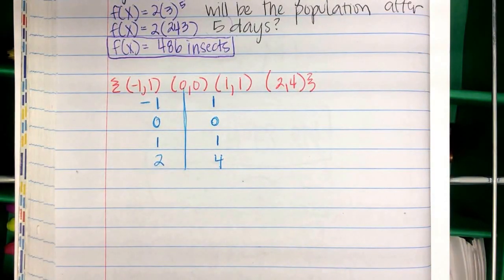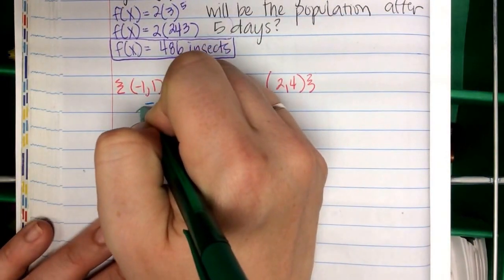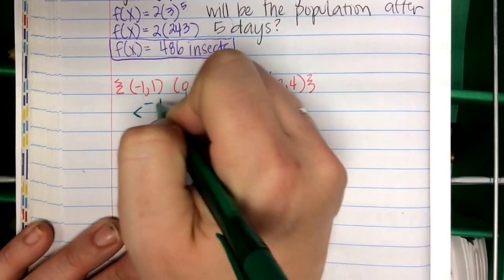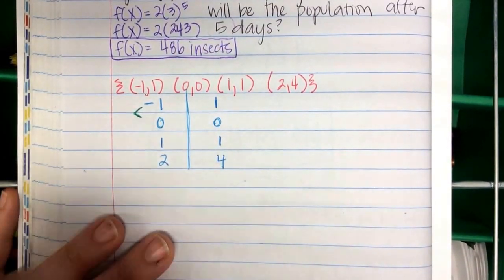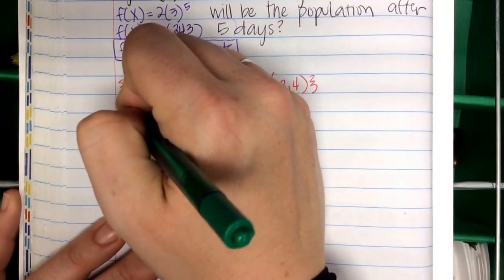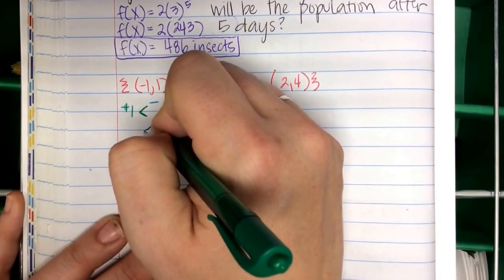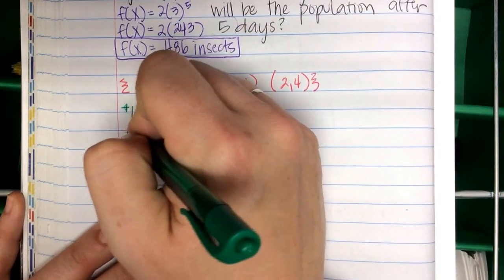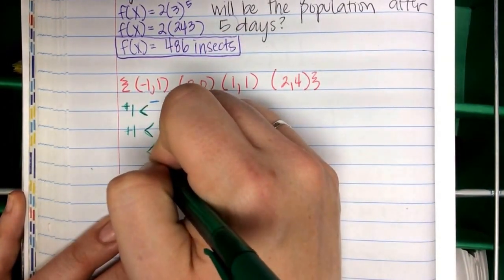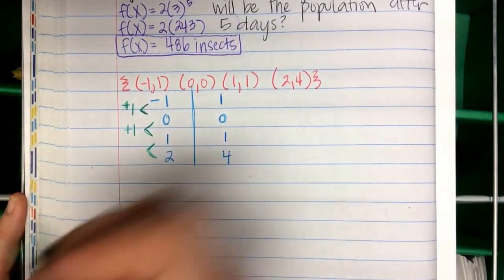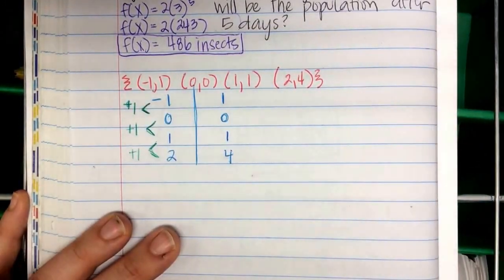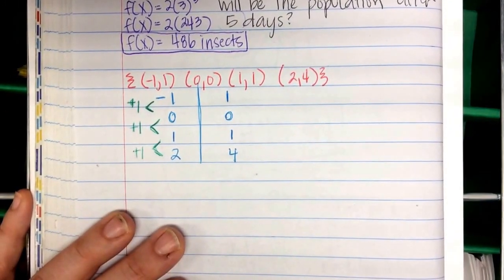So we look for the common difference. What does it do from -1 to 0? It adds 1. What does it do from 0 to 1? Adds 1. And what does it do from 1 to 2? Adds 1. All right, so that's a constant change, correct?